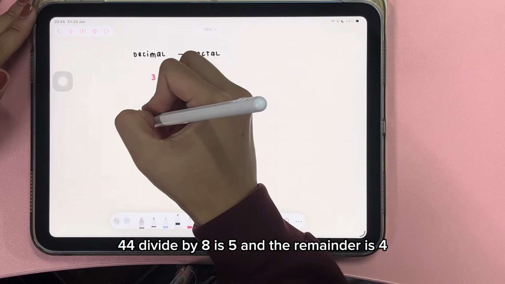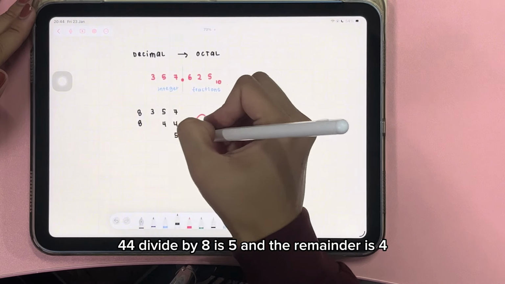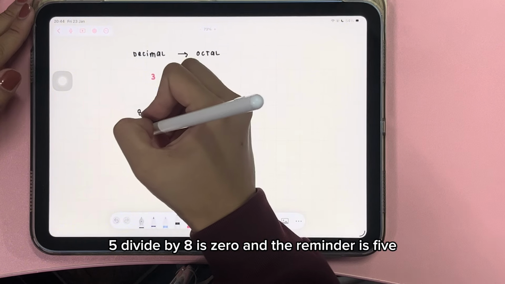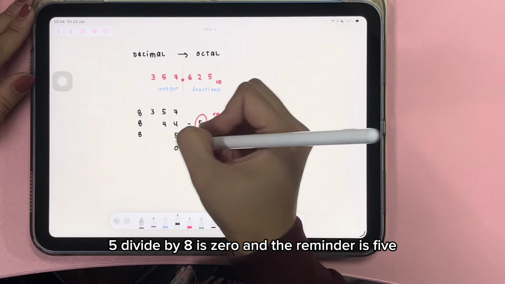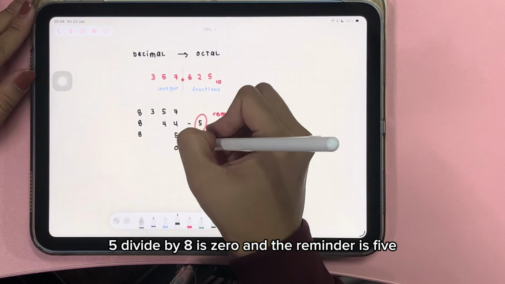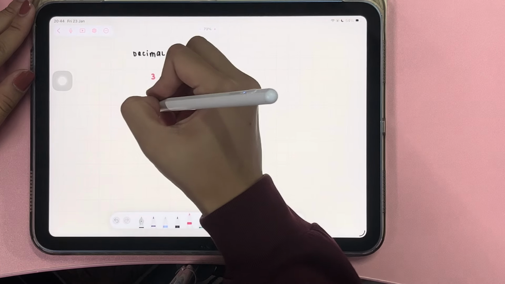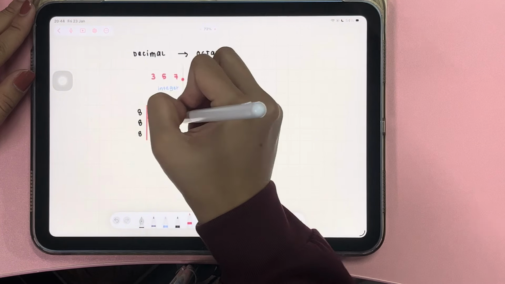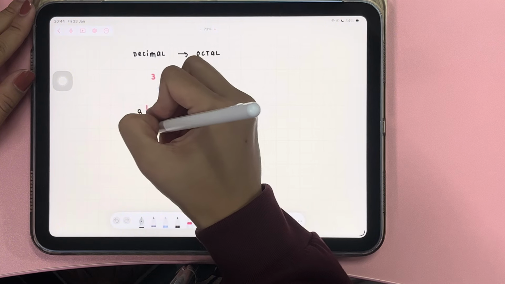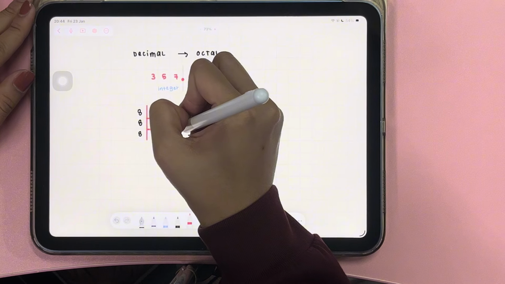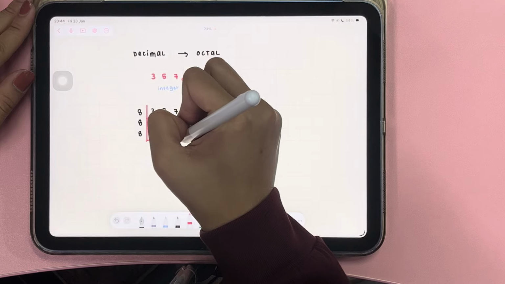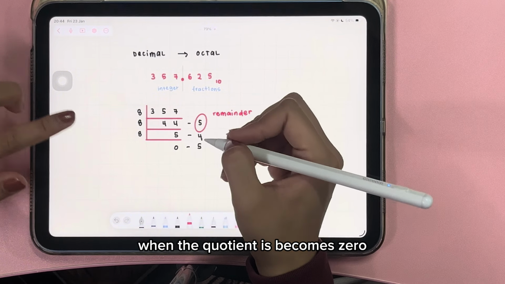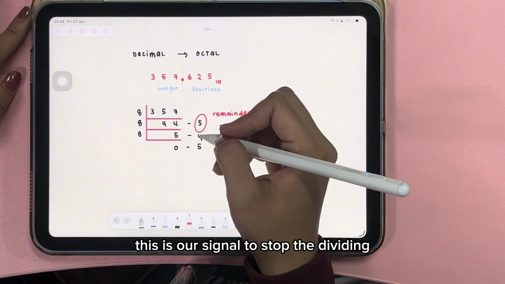44 divided by 8 is 5, and the remainder is 4. 5 divided by 8 is 0, and the remainder is 5. When the quotient becomes 0, this is our signal to stop dividing.